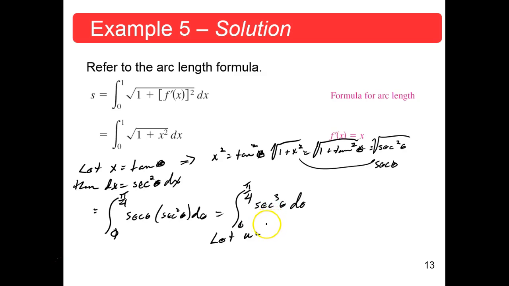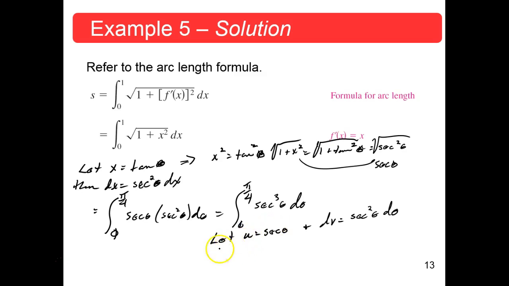I think that's going to be the secant theta, don't you think? And dv equal secant squared theta d theta. Any reason why? Because that is a perfect derivative of tangent.